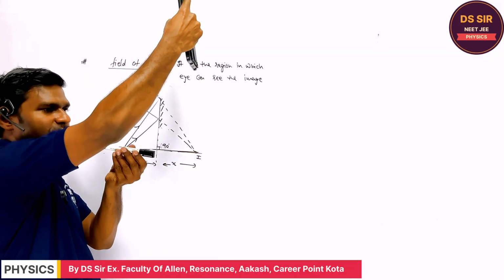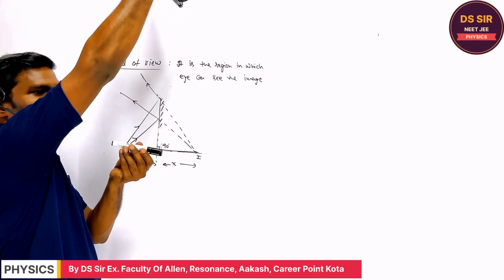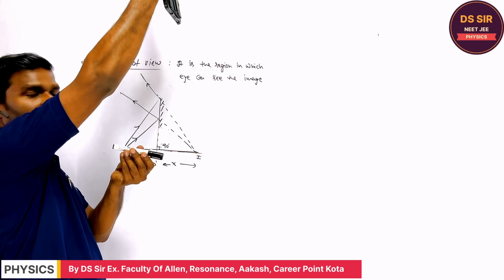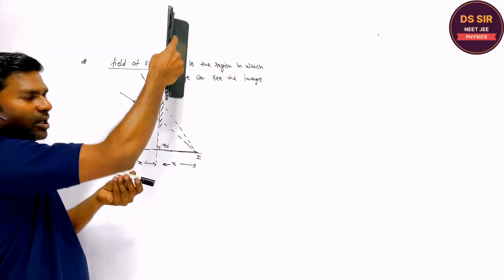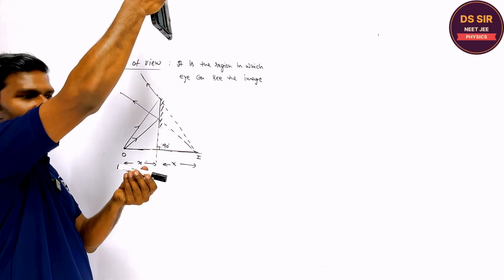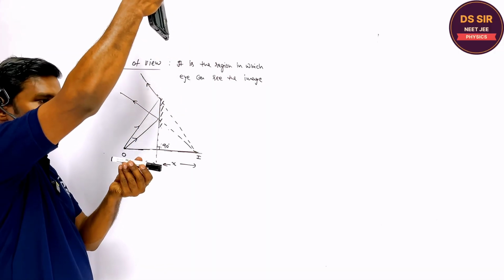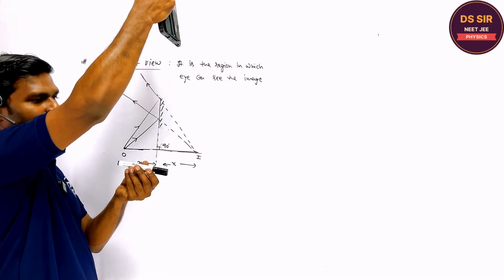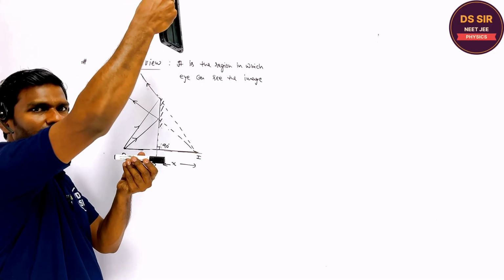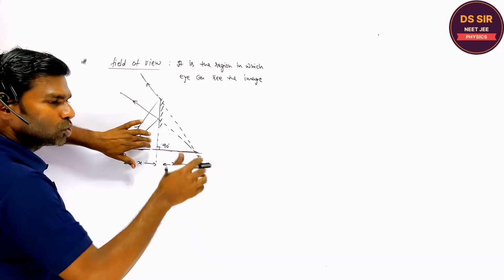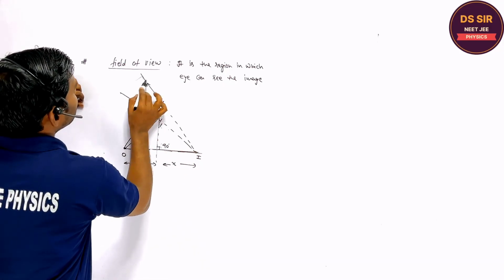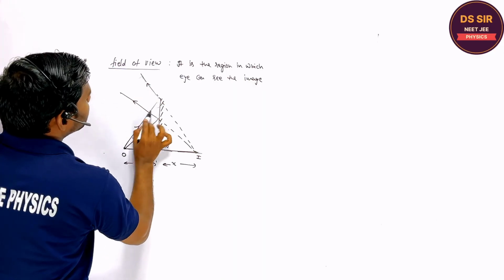And you are seeing from this side, so the mirror is above the pen. It does not mean the image is not forming, as in this case. The image of the pen is formed by this mirror, but you cannot see the image if you are standing here. So where you have to put your eye to see the image, this is the field of view. Is it clear or not?